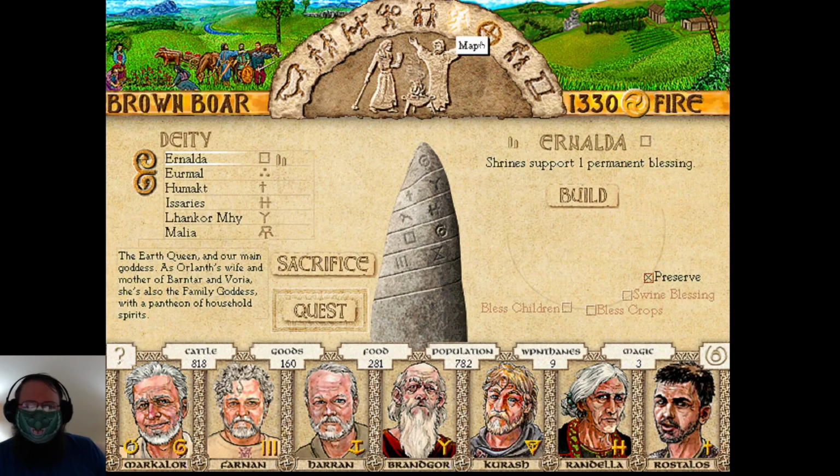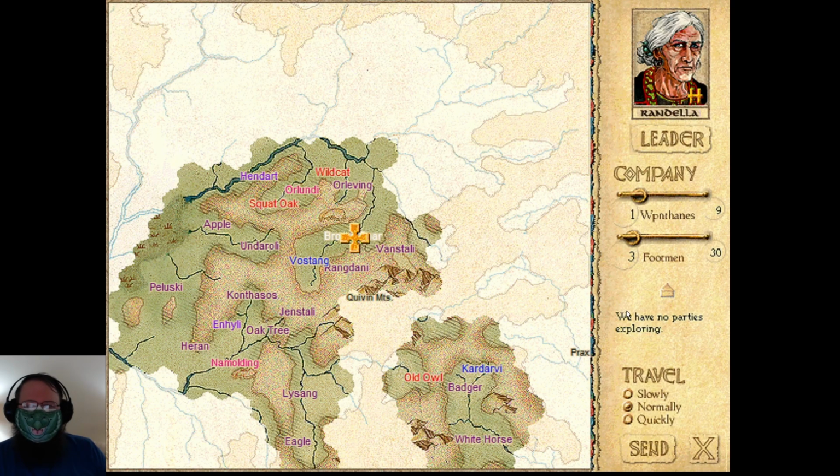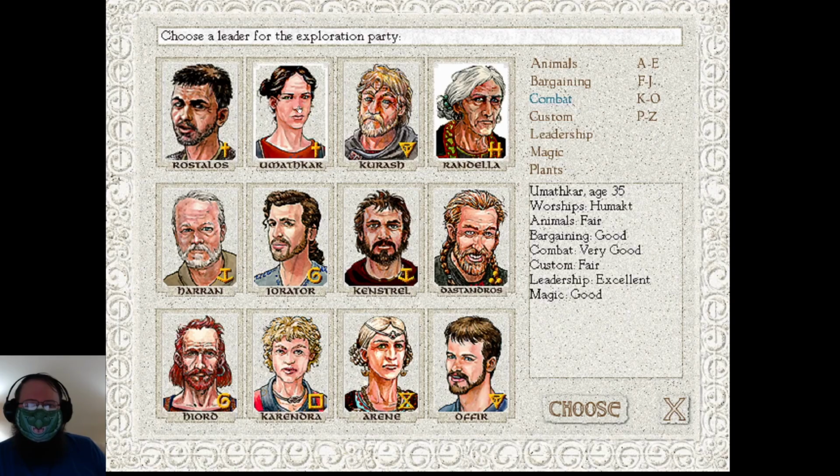Right, one of the things was they wanted us to explore slowly. He's the leader for the exploration party.